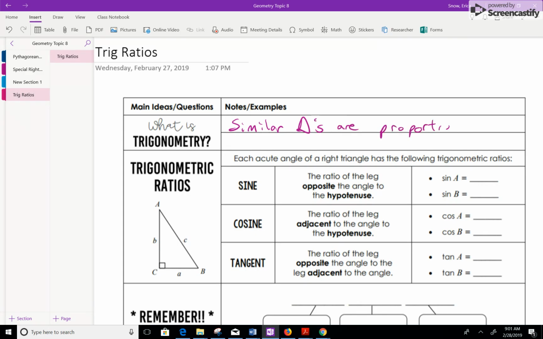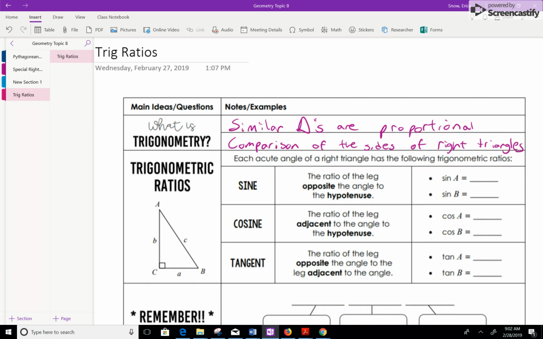And so what trigonometry does is it says that the ratios between sides of these similar triangles remain the same. So trig is the comparison of the sides of right triangles.